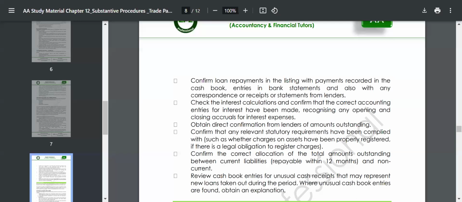Okay. Your page is blank, the screen is not showing. Okay, let me try and share again. Can you see the screen now?